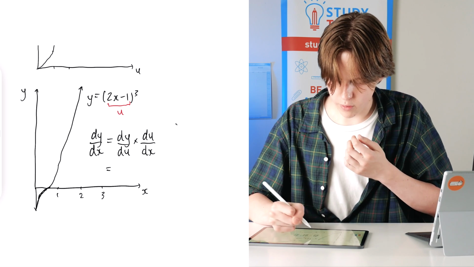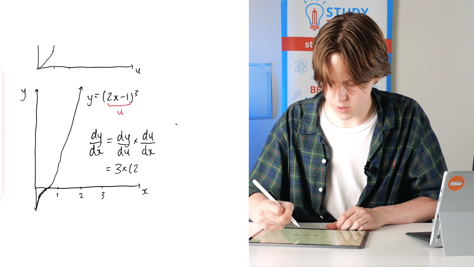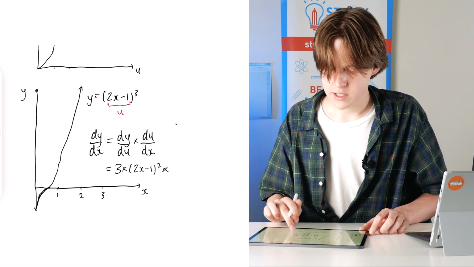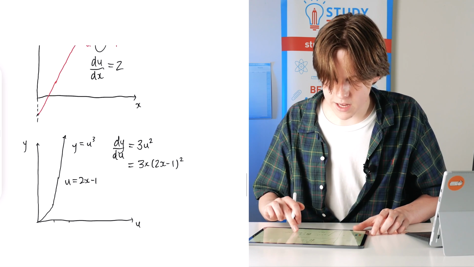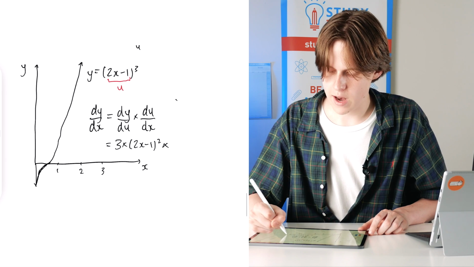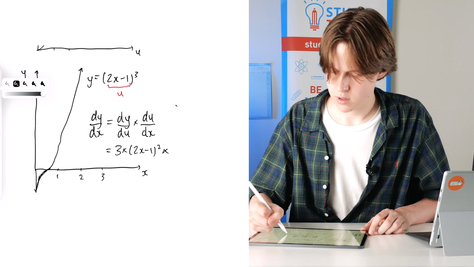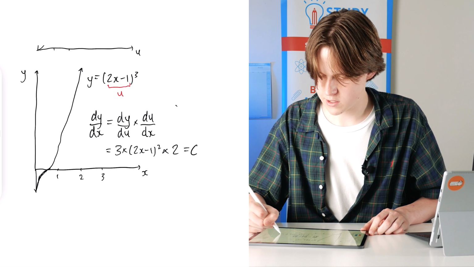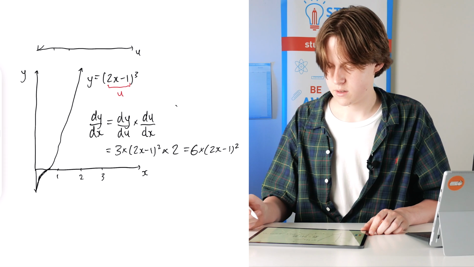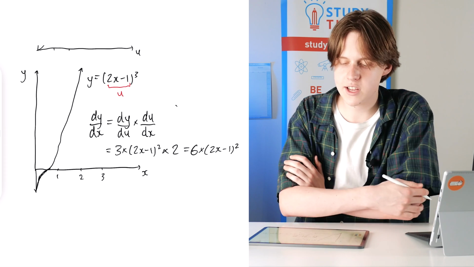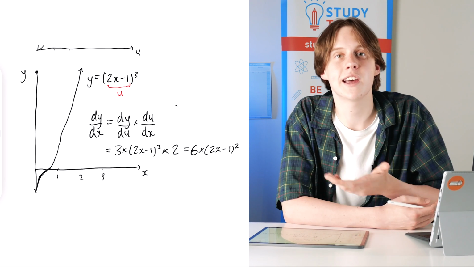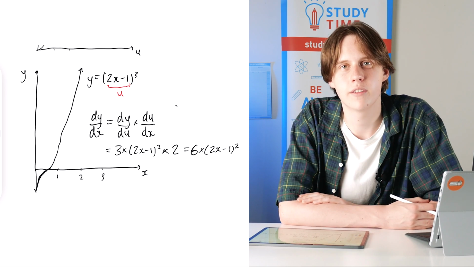So this is going to equal 3 times 2x minus 1 to the power of 2 times du by dx. Now du by dx is 2. We already looked at that. So now we just multiply by 2. And we get 6 times 2x minus 1 squared. Okay, and that's pretty easy, right? So that's our derivative already, and we could sub in any point on the x-axis to find the gradient at that point on the line.